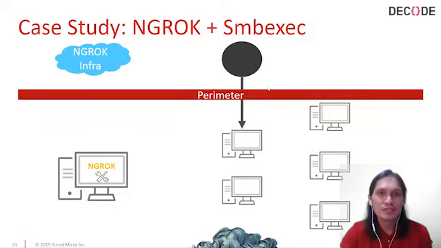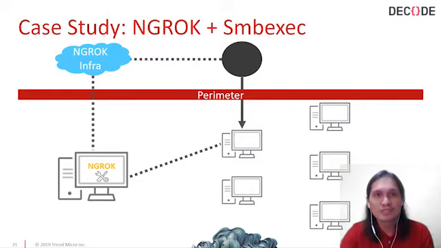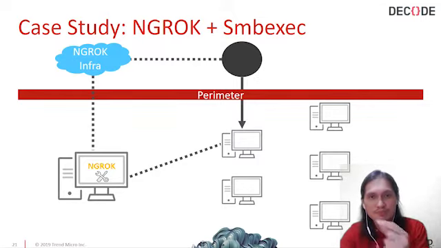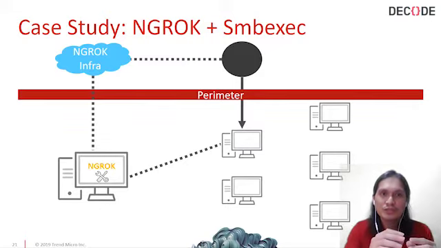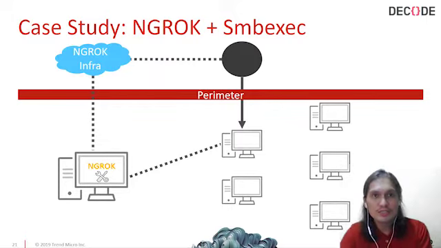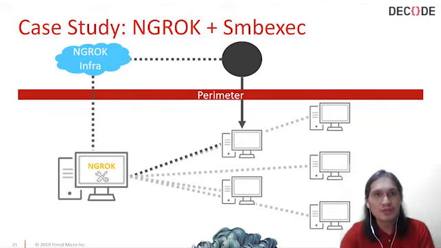But in reality, the traffic is sent to Ngrok and to that machine with Ngrok, and it's routed to his target machine. So now what happens is the Ngrok is configured so that it sends traffic to the other machines. That way, the attacker has access to the rest of the machines in the environment.